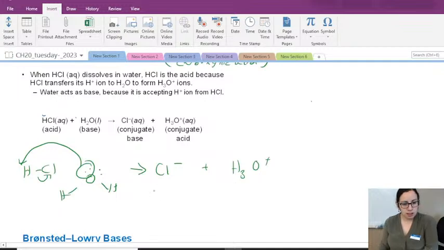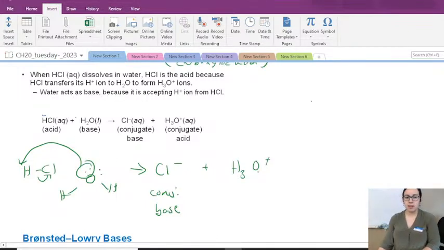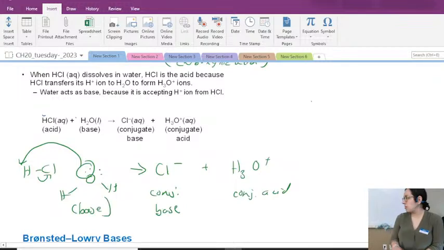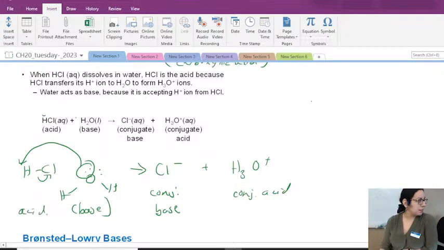Again, label this our conjugate base, our new base that came from our acid, and this is our conjugate acid that came from our base. In this case, water was acting as a base. We'll see this often, water can act as an acid and a base, which is why water is a very cool substance. And of course, HCl is our acid.